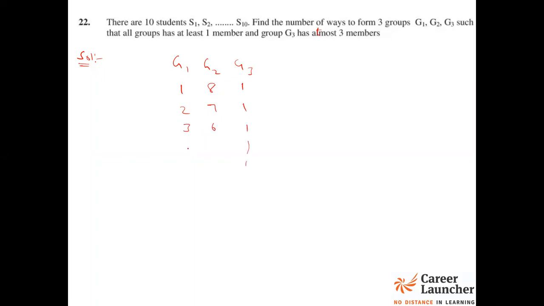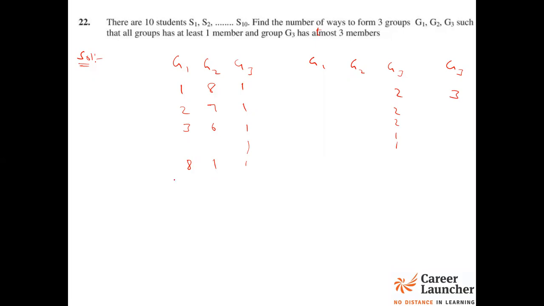So all possibilities of group 3 having 1 will become 8 and 1, right? So this is for the first part, when group 3 has only 1. Next, if group 3 has 2, then groups 1 and 2 should have 7. Next case will be group 3 having 3. So let us do all these cases.